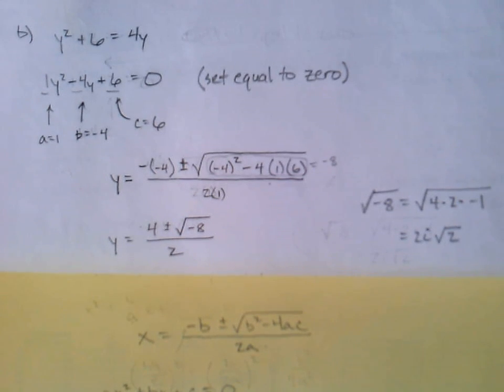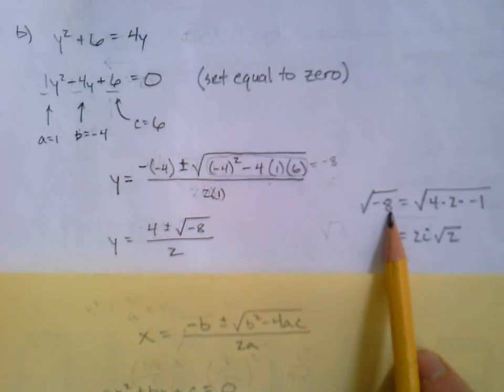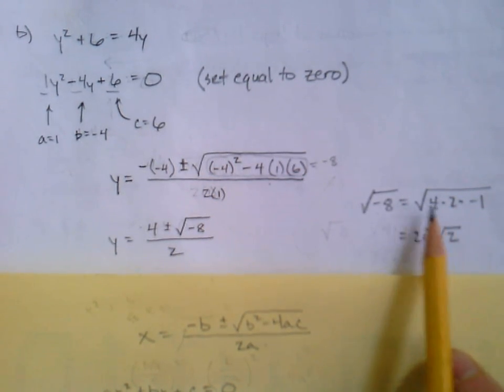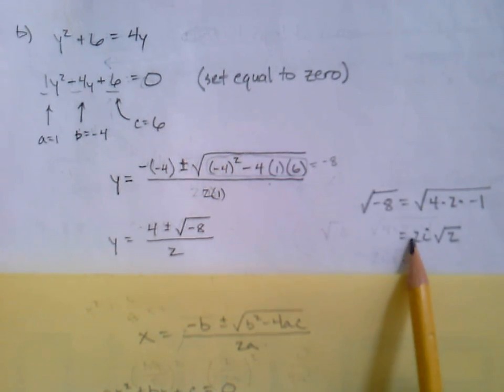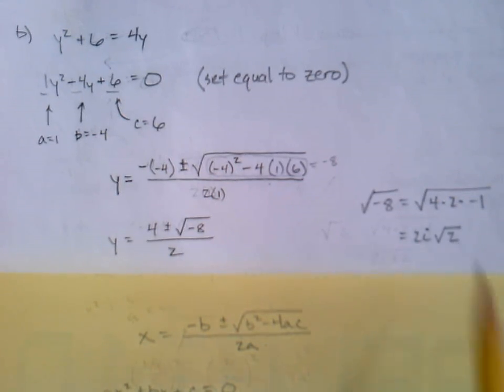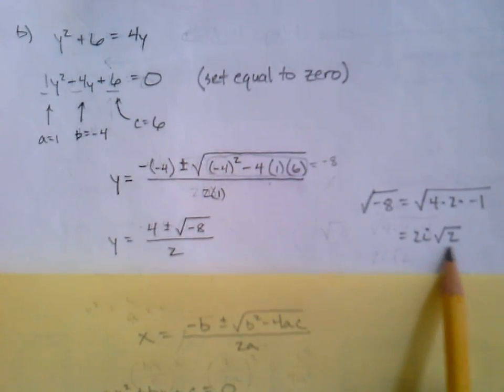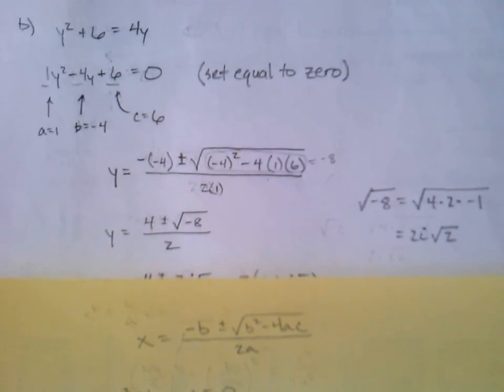And these things, right, they come back around, obviously. Square root of negative 8. Well, 8 is 4 times 2, and I've got the negative 1 as well. 4 times 2 times negative 1. Square root of 4 is 2. Square root of negative 1 is i, and then that 2 gets left behind. So there's my reduced square root, my reduced radical. So I'm going to put that next.